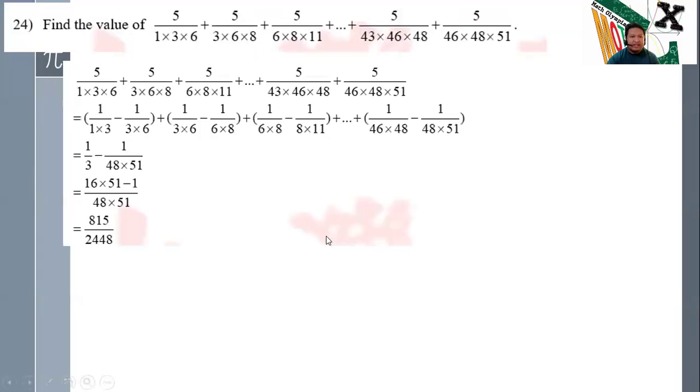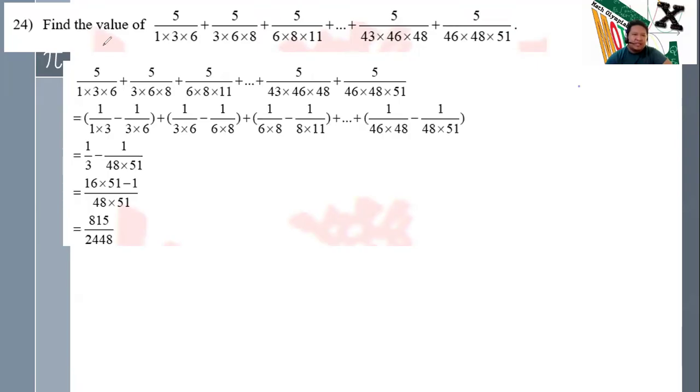Okay, great. For this one, this is a little bit of another partial fraction like the one we had a while ago, so we need to be familiar with it. As you can see, this is a product of 3 numbers.